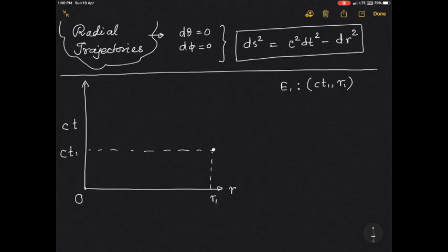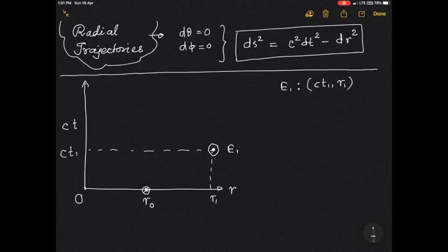This is the point which corresponds to that event E1. If I have a particle which is kept at r equals r0 at t equals 0, that particular event is this.